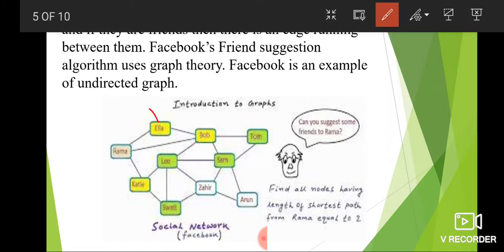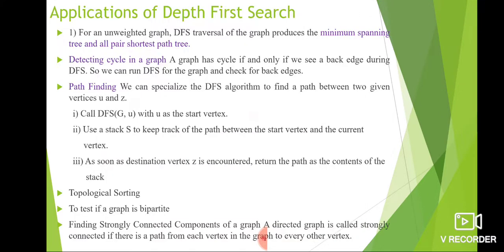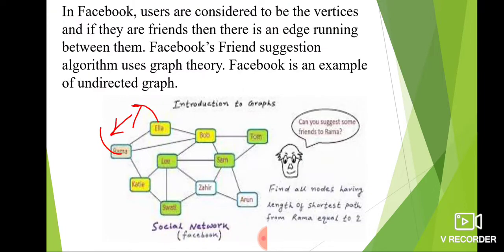If you want to know about the friends of someone, then you can use a graph theory algorithm to solve the problem.